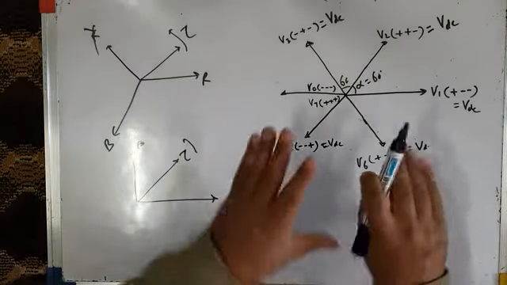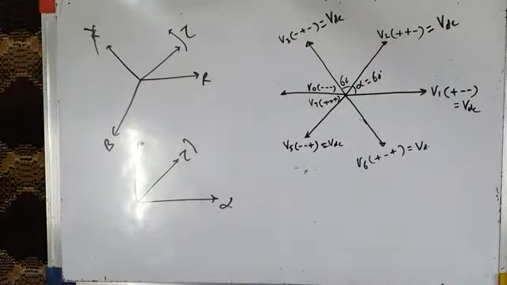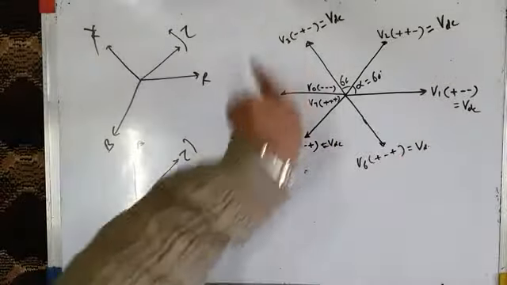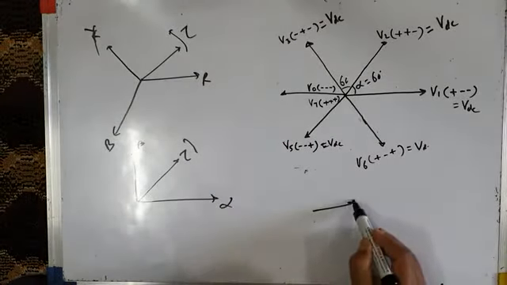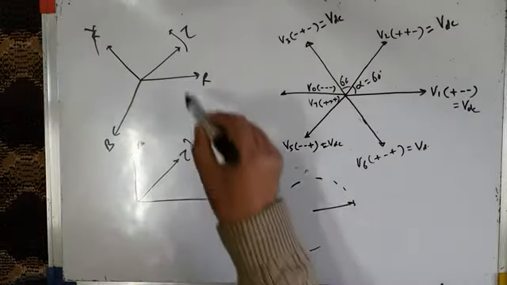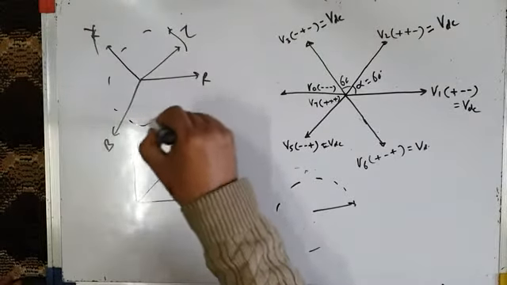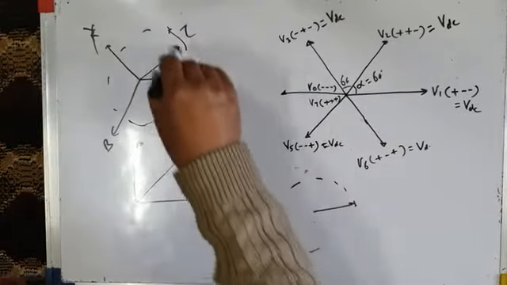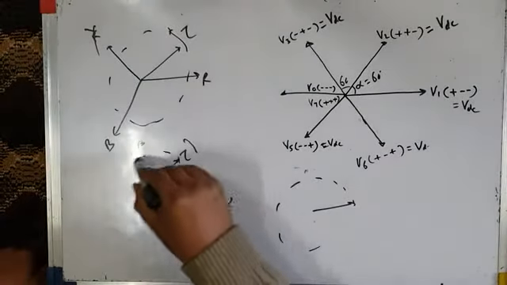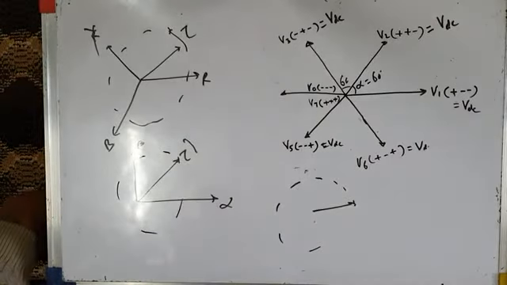Similarly, if in a voltage source inverter, using the space vector concept, we are able to produce a rotating reference vector like this. We know that this rotating magnetic field revolves in a circular path. It's a revolving magnetic field in three-phase induction motors.